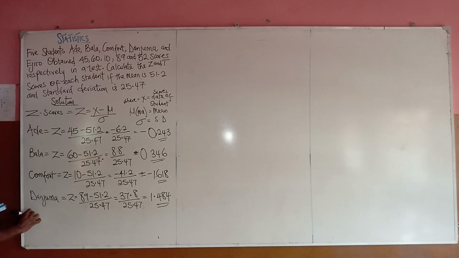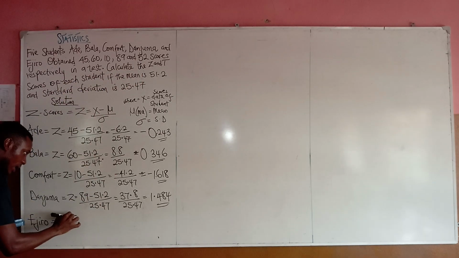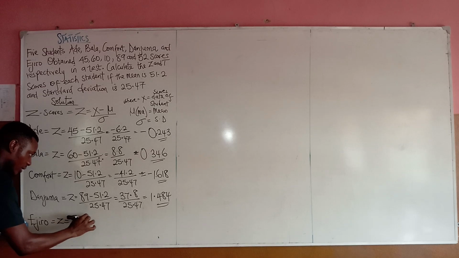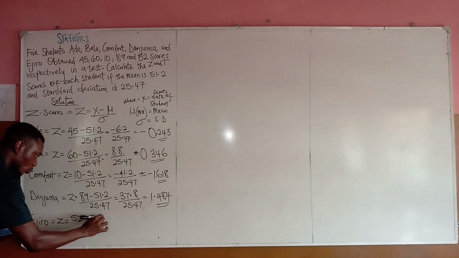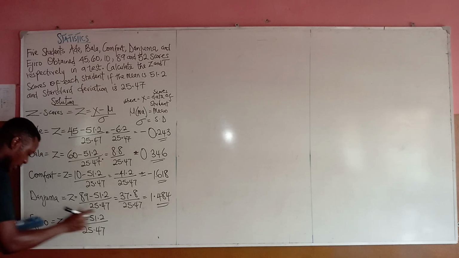Then finally we have Aro. Now Aro will give me z equals, Aro obtained 52. So I have 52 minus 51.2 divided by 25.47.